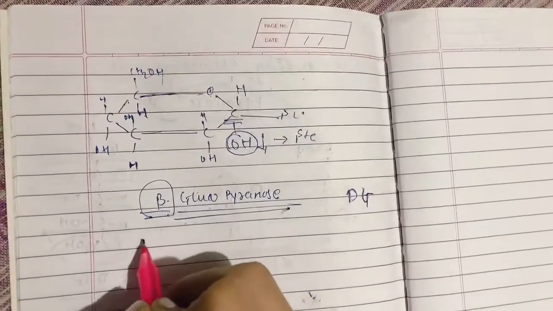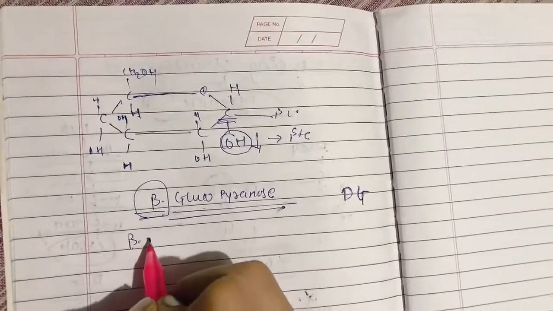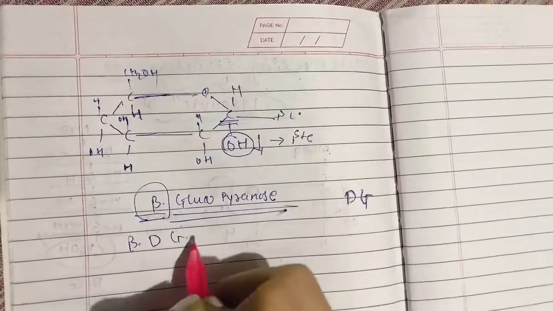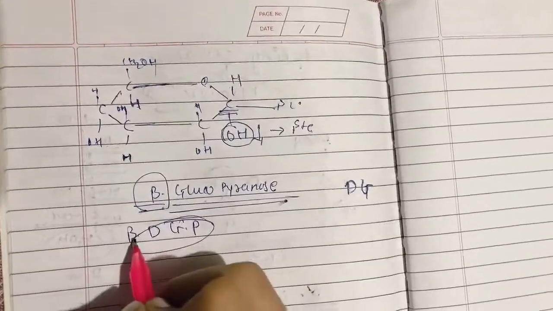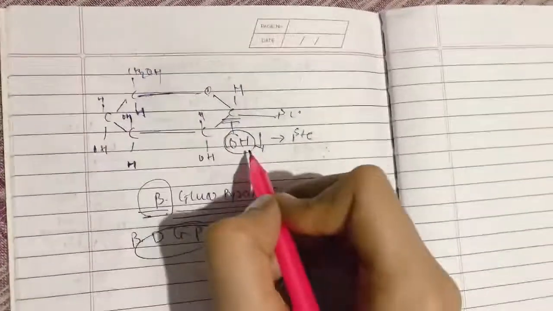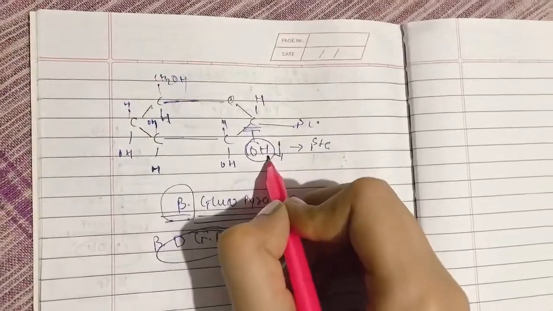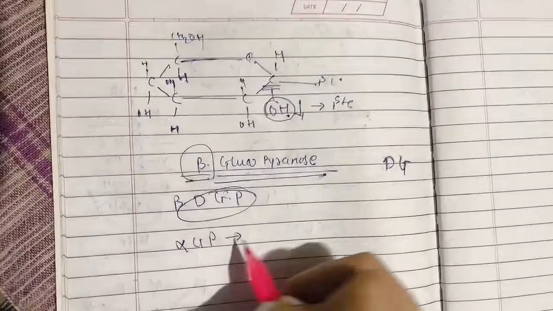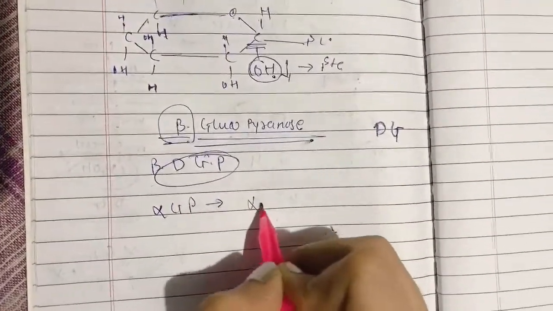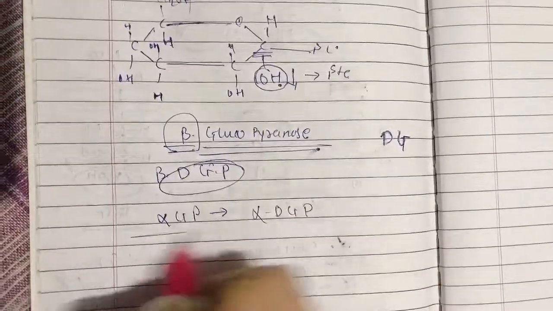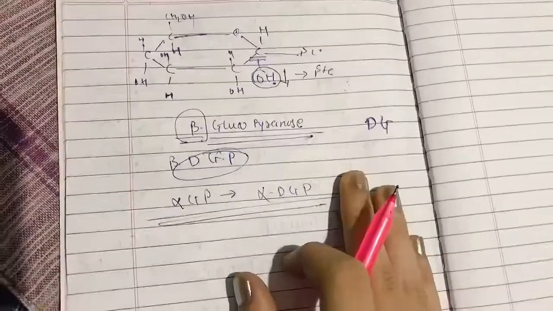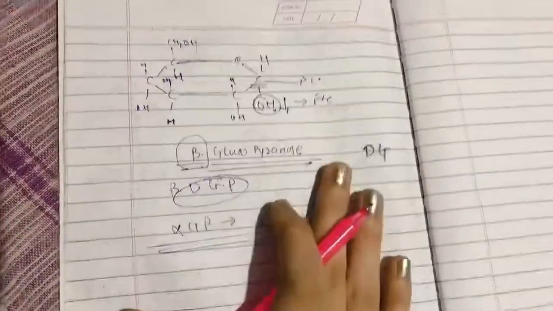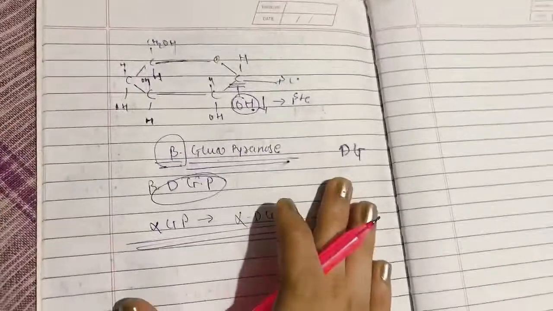That's why we can also name it as beta D glucopyranose. And alpha glucopyranose we can also name as alpha D glucopyranose. So this was all about the ring structure of glucopyranose.